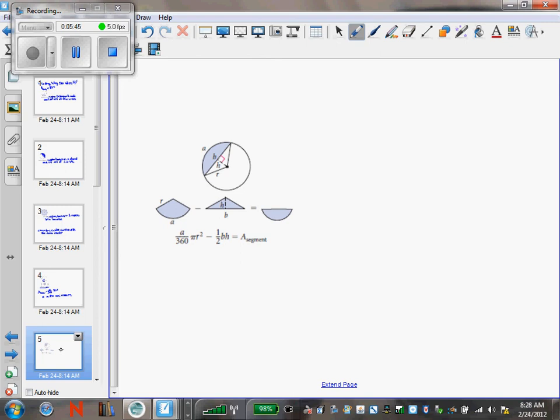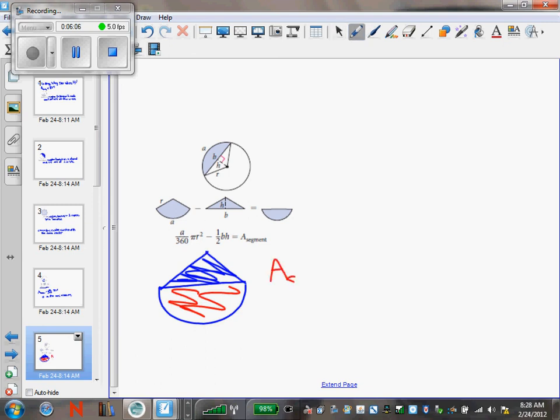What you're left with is the segment. If I redraw this, there is your sector. We're going to subtract out the triangle, and that'll leave us with the segment. We're going to do just that in the formula.